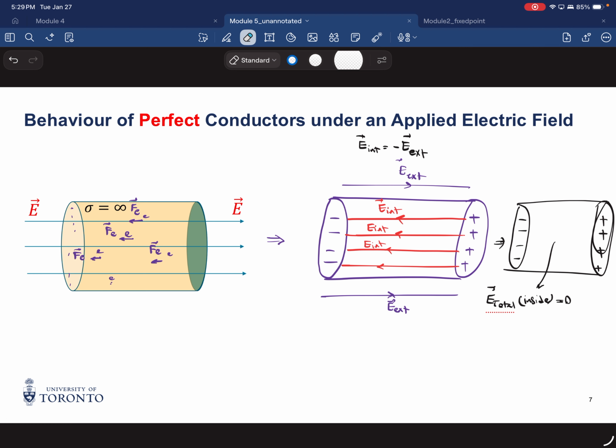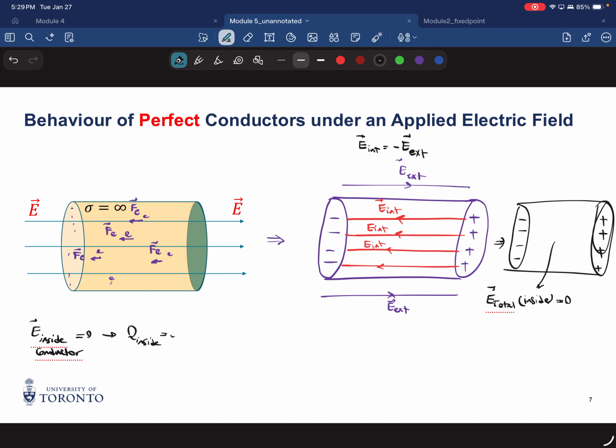This is very important, because E total inside is 0, Gauss's law would tell us that the Q inside is 0. So E inside the conductor is 0, so Q inside must be 0. That means that Q always goes to the surface of the conductor.